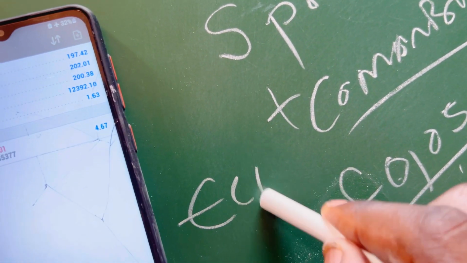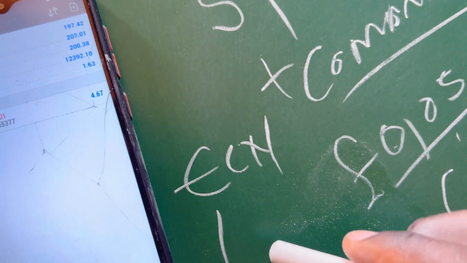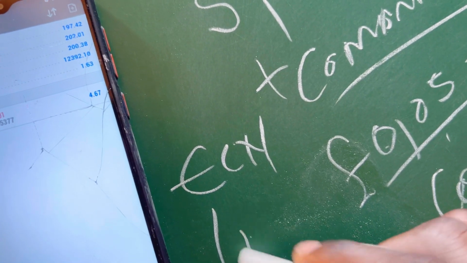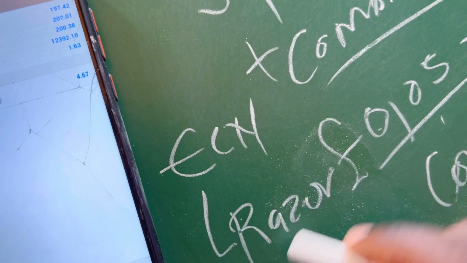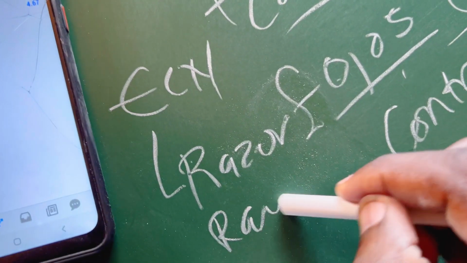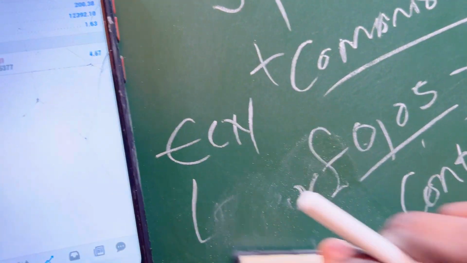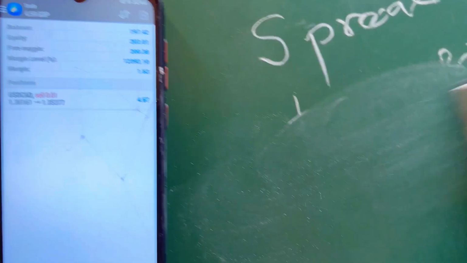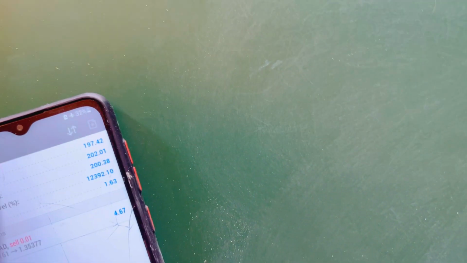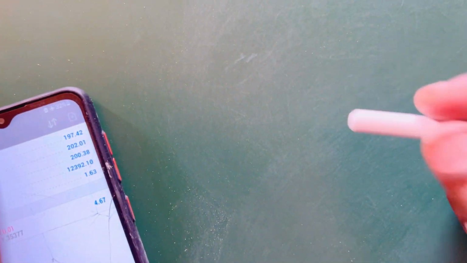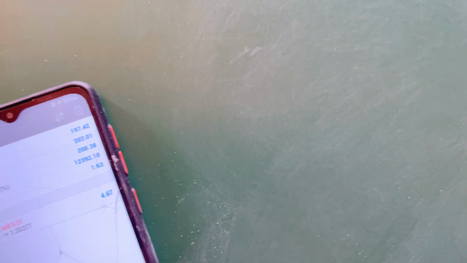This account is sometimes called razor, sometimes raw, sometimes zero. They have many names for it. This account charges only the commission. And the other accounts, which are the standard account, pro account, mini account, charge the spread. They don't charge you commission for trading.